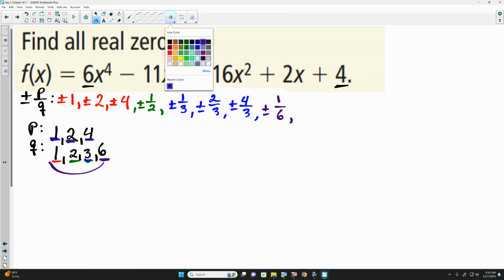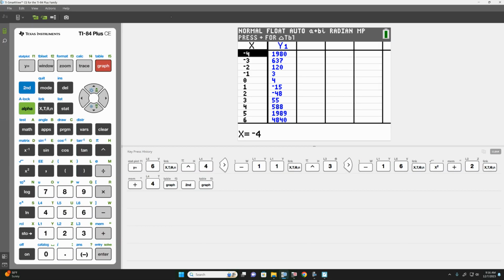Now, at this point here, we're going to be using the graph and these rational zeros in combination to find solutions. Well, the first three we have is positive and negative 1, positive and negative 2, and positive and negative 4, yes? Well, if I look at the table, positive and negative 4, neither one of them gave me a y value of 0, so they're out.